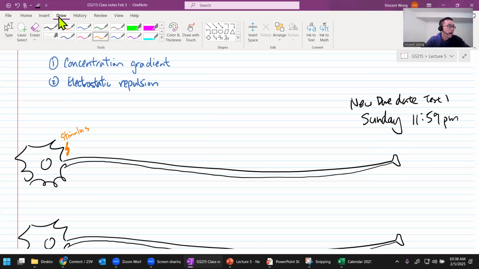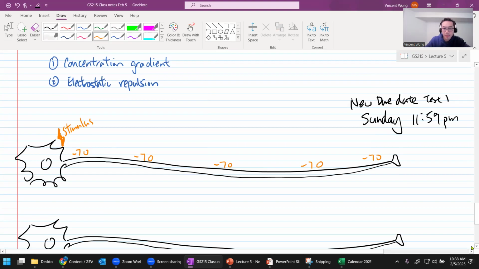So, the trigger will come, right? Actually, before the trigger, let's just keep all the numbers like this. All of them are negative 70, negative 70, negative 70, negative 70, okay? And then the stimulus will come.